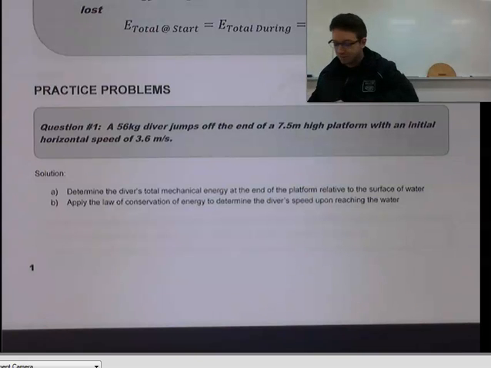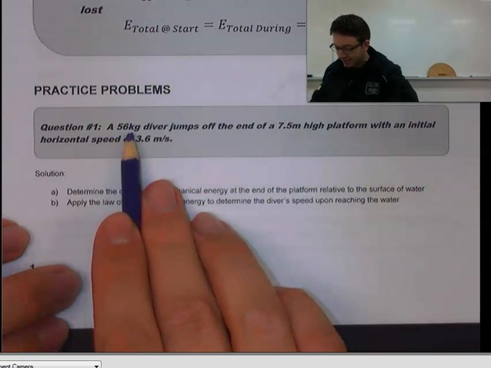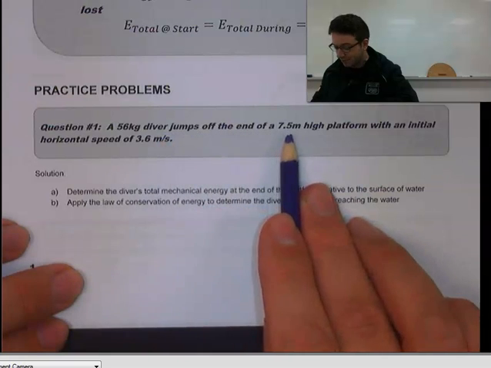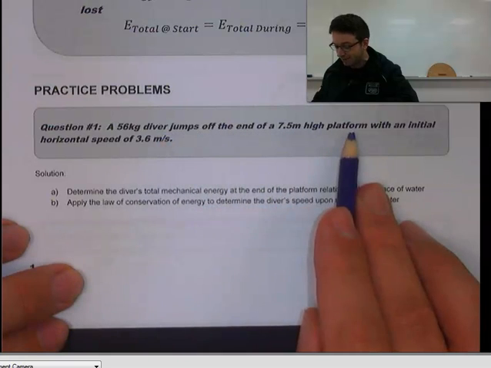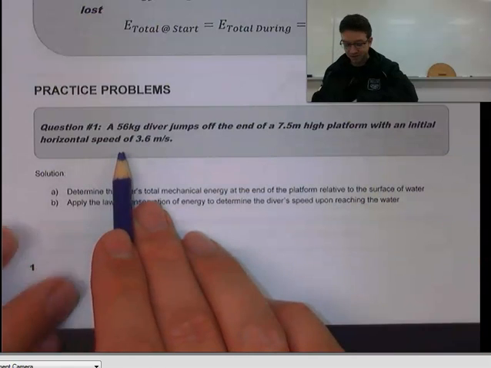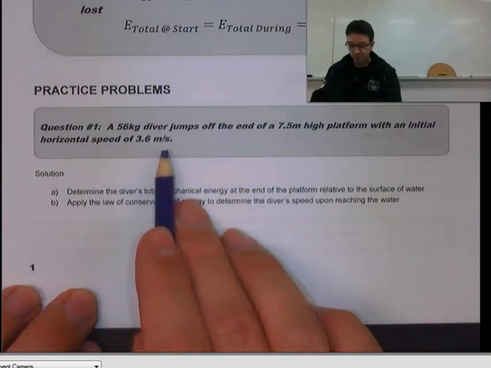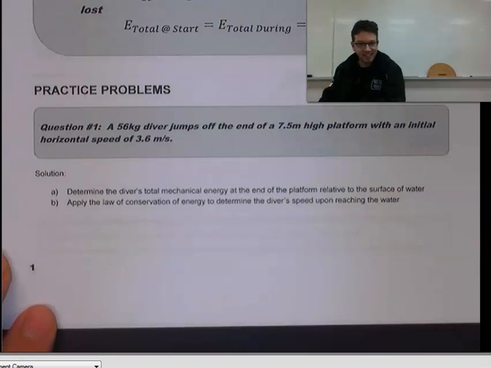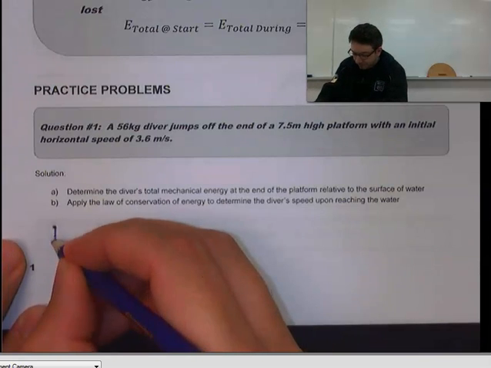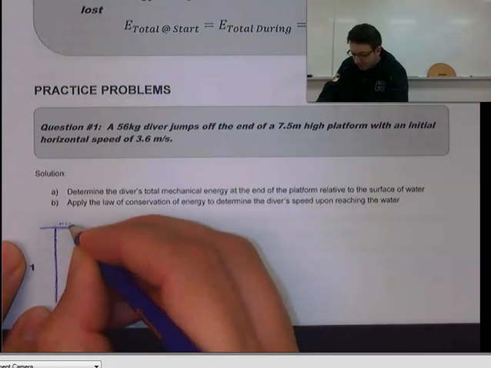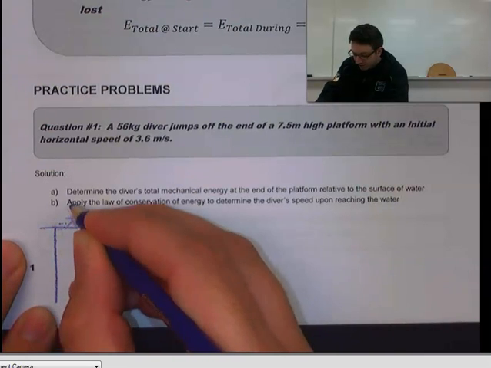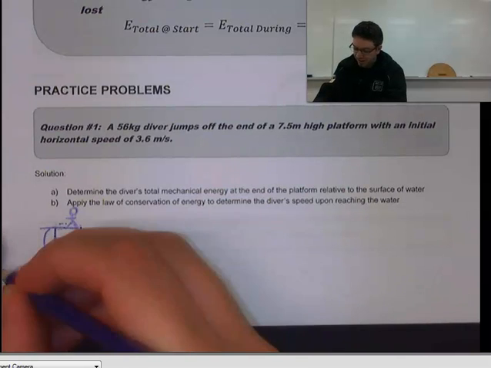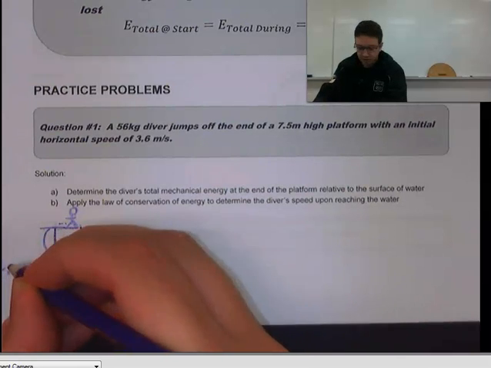Our first problem says, a 56 kilogram diver jumps off the end of a 7.5 meter high platform with an initial horizontal speed of 3.6 meters per second. Okay, so let's just draw what's happening to get an idea of what's going on. So here we have a platform with a diver. Okay, that platform is 7.5 meters high.